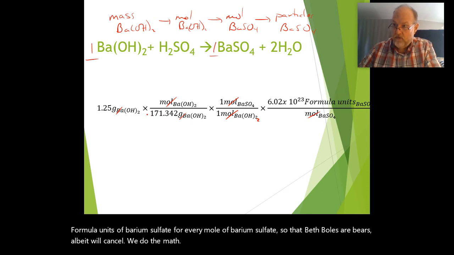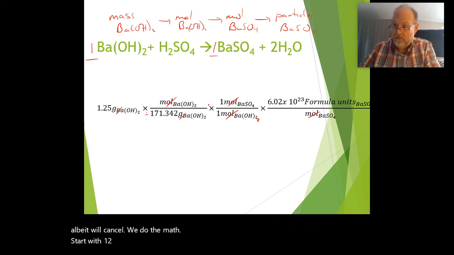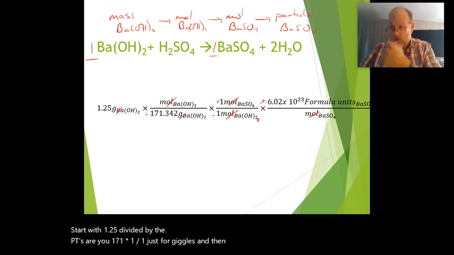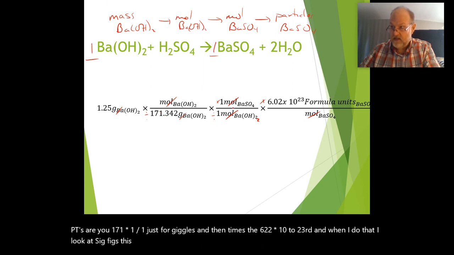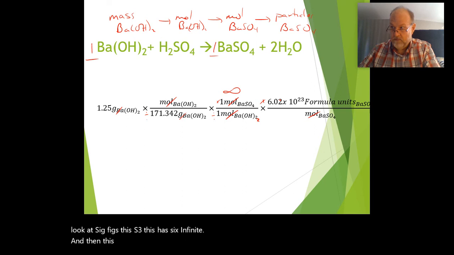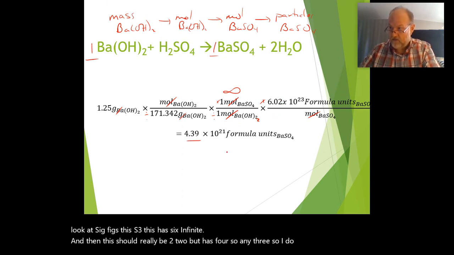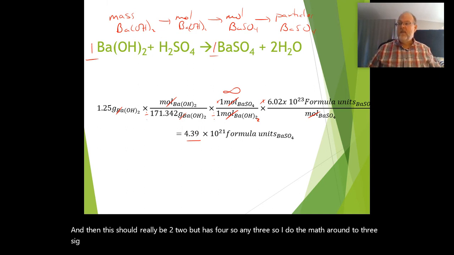Start with the 1.25 divided by the 171 times 1 divided by 1, just for giggles, and then times the 6.022 times 10 to the 23rd. And when I do that, I look at sig figs. This has 3, this has 6, infinite, and then this should really be 2, but it has 4. So I need 3. So I do the math, I round to 3 sig figs. My final answer is 4.39 times 10 to the 21st.